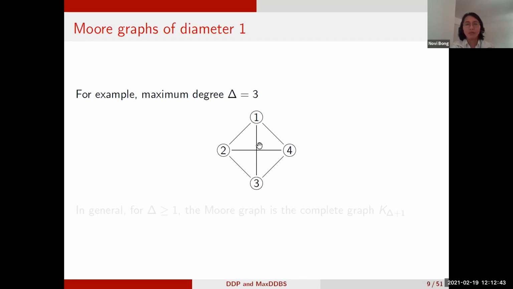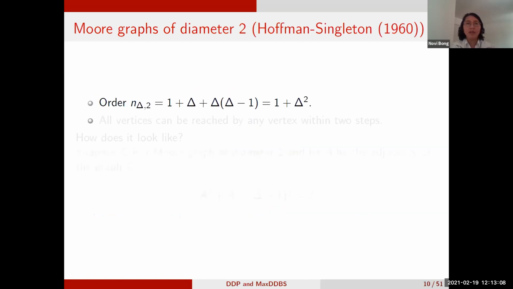How do we connect them so that they reach everybody in one step? The result is K4, the complete graph on 4 vertices. In general, if you want diameter 1 and maximum degree delta, then the Moore graph is the complete graph K delta plus 1.